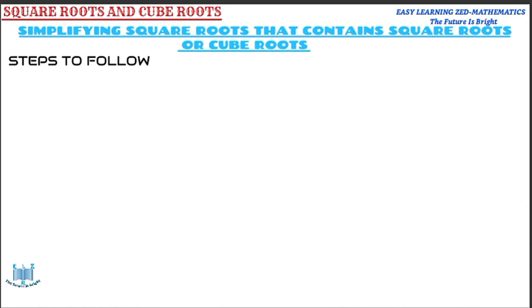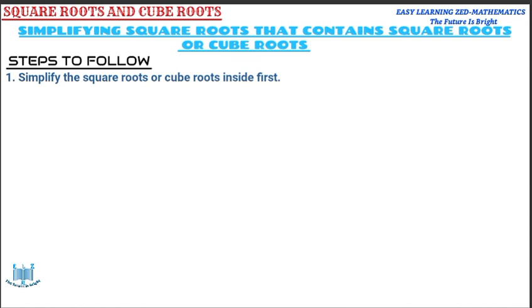The steps you need to follow are: 1. Simplify the square roots or cube roots inside first. When you're given a question that has square roots or cube roots inside, you will start by simplifying those square roots and cube roots which are inside the square root.